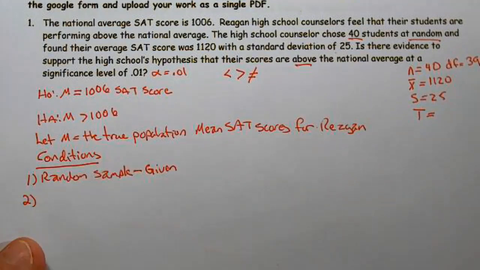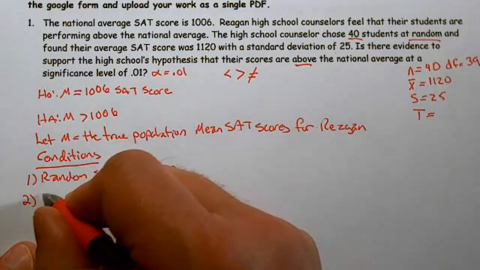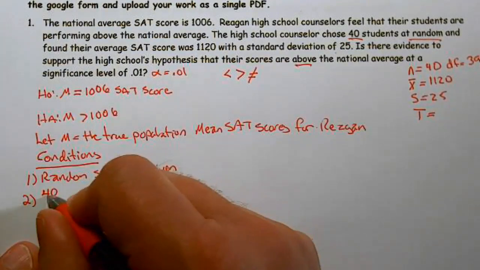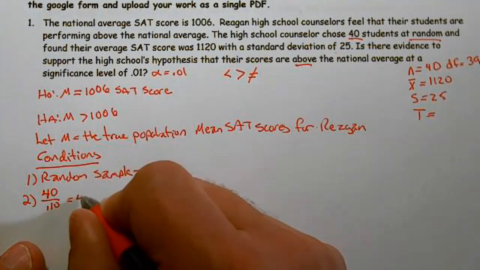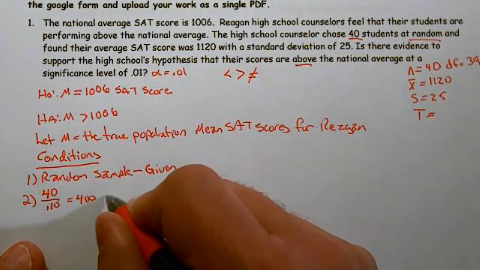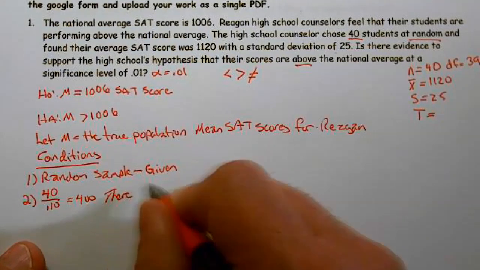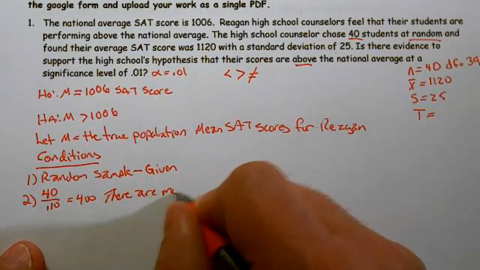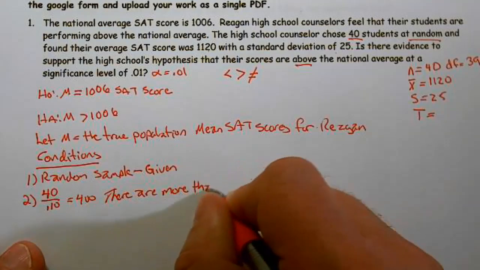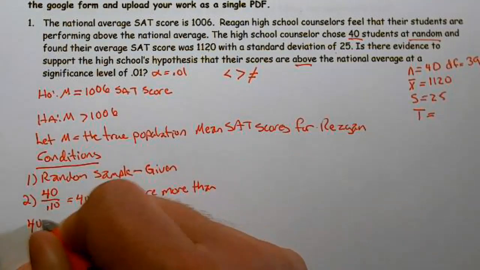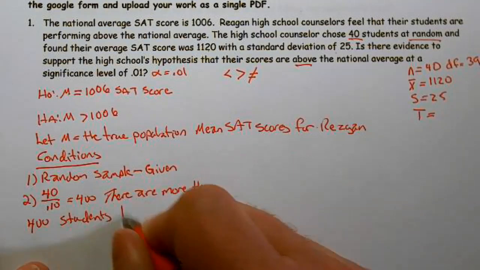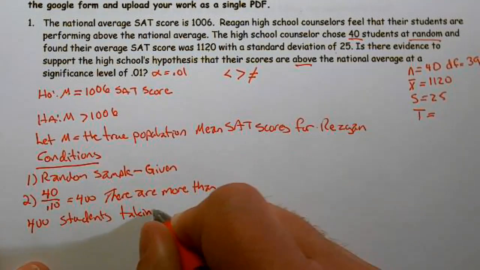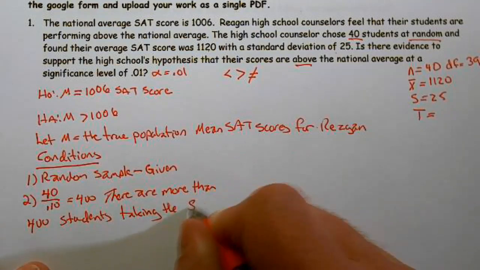N needs to be less than 10% of the population. So we're always going to either divide by 0.10 or multiply by 10, whichever one you prefer. So that equals 400. And there are more than 400 students taking the SAT at Reagan.